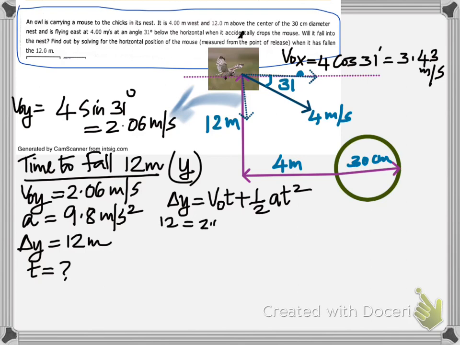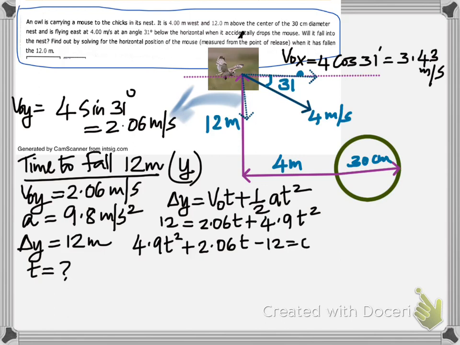And on substituting, you get a quadratic equation. That is the problem. So there's more math in this question than physics. Rearrange this to get it in the format of a quadratic equation. If you remember it, it is AT squared plus BT plus C is equal to 0.